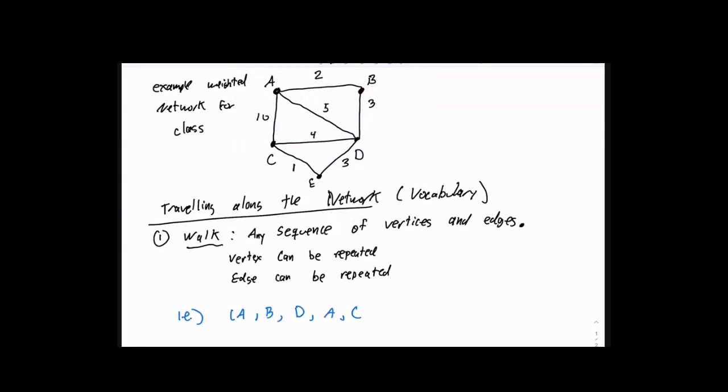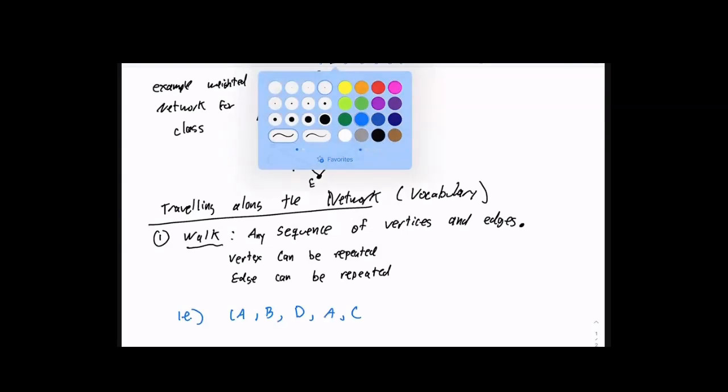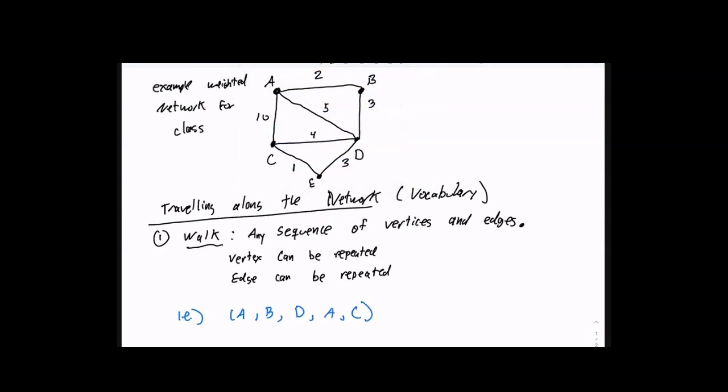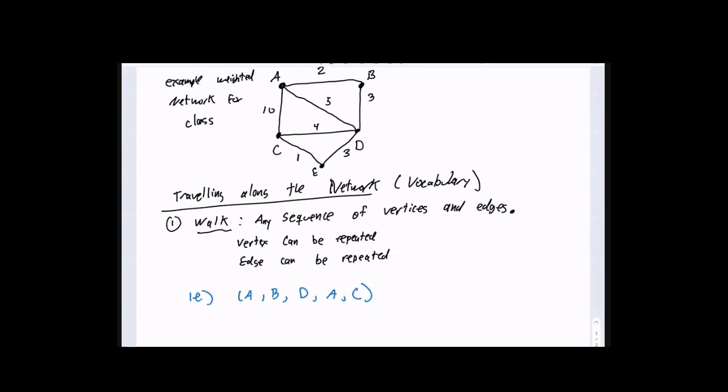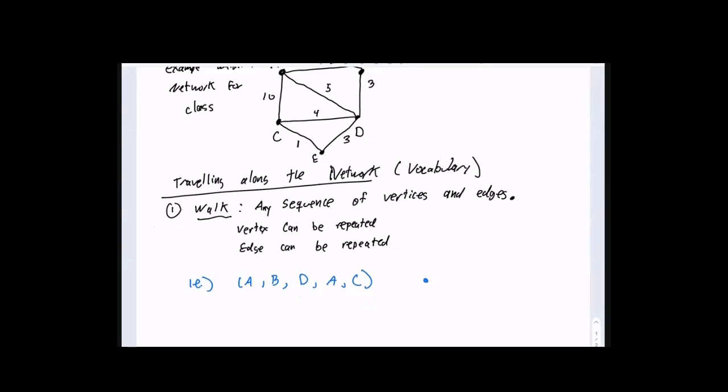So this can be considered a walk right here. This is the notation we're going to use. You can use arrows to do these, but we're going from A to B to D. So visually what I'm saying is we're at A, we go to B, we go to D, we go back to A, and we end at C. Okay.